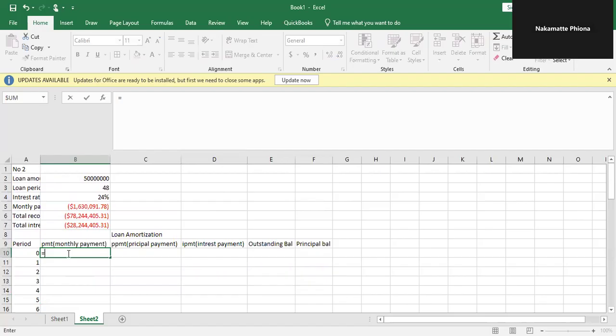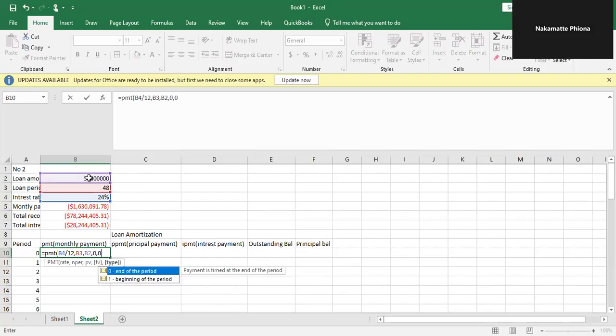Monthly payment is PMT, open brackets, rate over 12, comma, NPER, comma, PV is amount, comma, future value is 0. We're going to lock ourselves using the dollar sign.